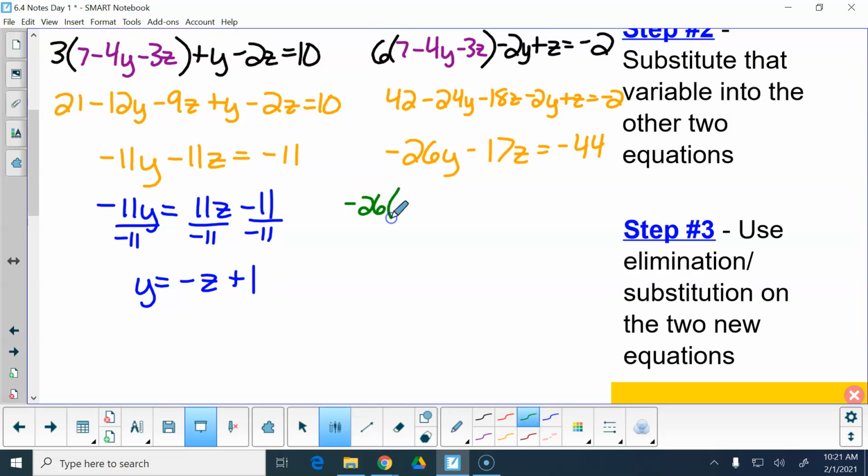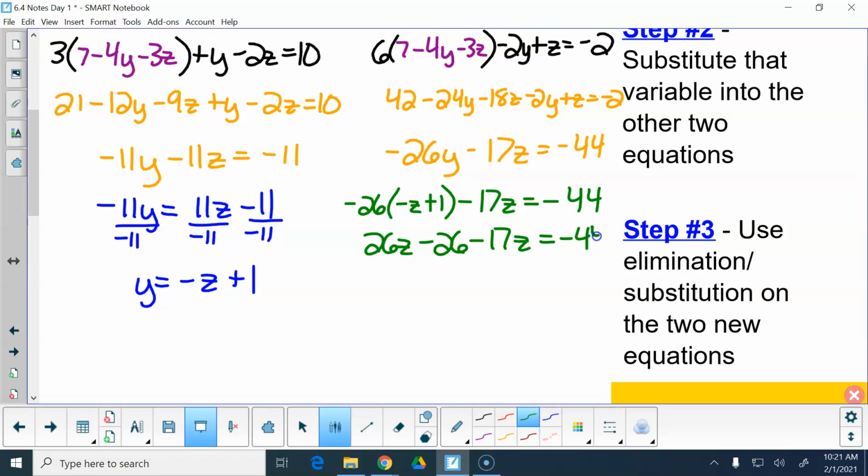Negative 26 times (negative z plus 1) minus 17z equals negative 44. 26z minus 26, minus 17z equals negative 44. 26 minus 17 is 9, so 9z equals negative 18, I believe. Right? 36 and 8 more is 44. Yep.